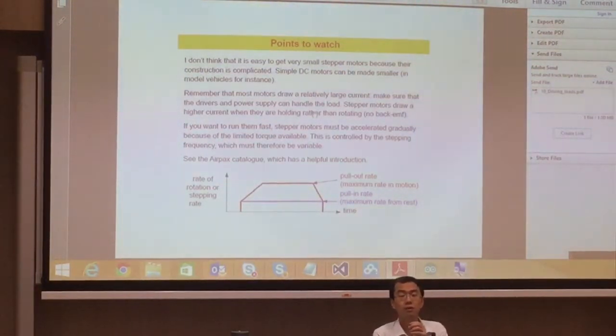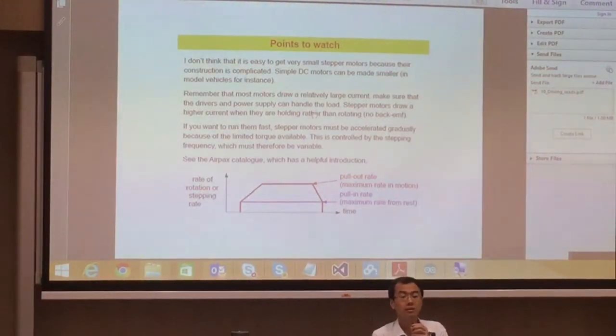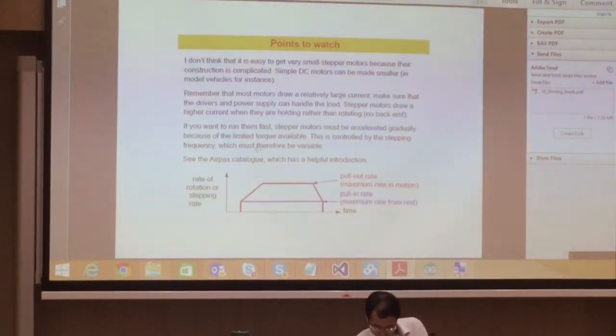What kind of motor you're going to use, what kind of current you need, then you need to design what kind of driver you need, whether you need a bipolar, a Darlington, or a MOSFET. It all depends on the kind of applications you are looking at.